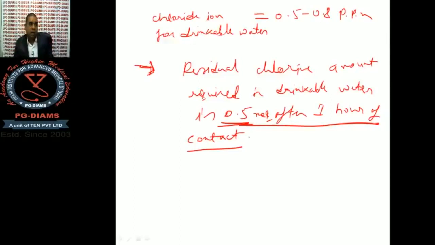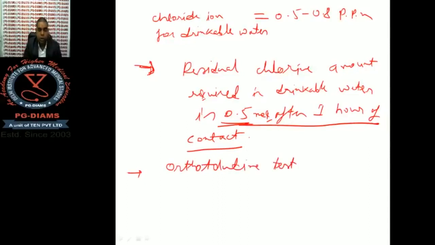The water is said to be decontaminated only if the chlorine ion concentration after 1 hour of giving bleaching powder is 0.5 milliequivalent per liter. Now there are two tests. One is the orthotolidine test, and the other is the orthotolidine arsenite test.